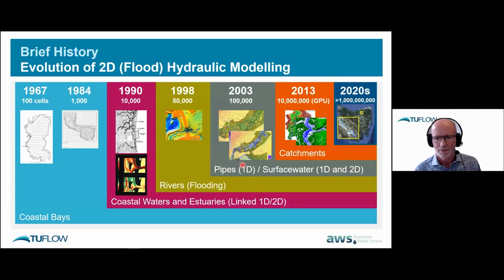In more recent times, we're seeing models over 1 billion cells, and that's due to this big jump in 2003 to 2013, where GPU technology came in. But it's been this general progression, and 2D totally dominates flood modeling these days, has done for some time.